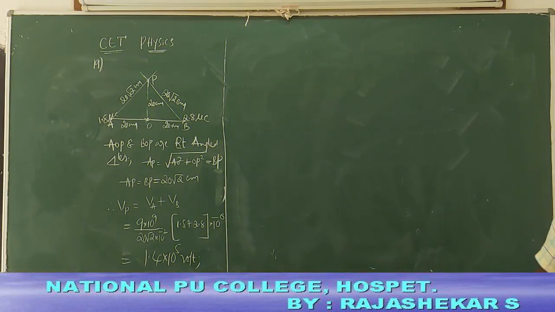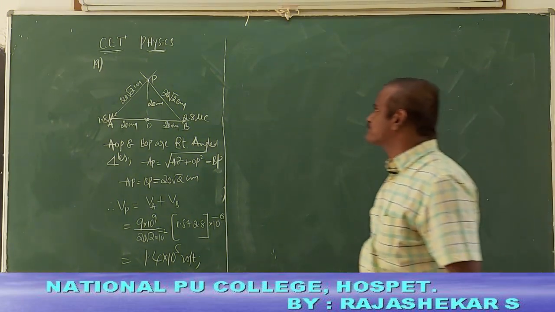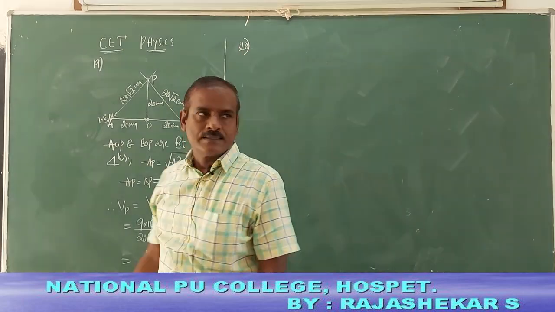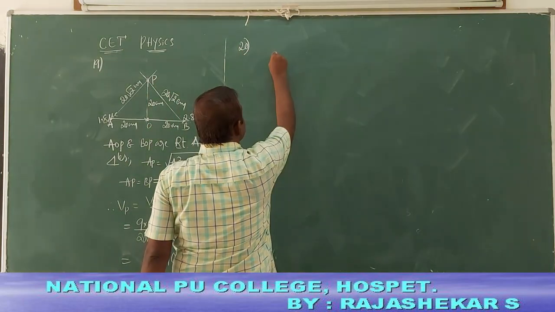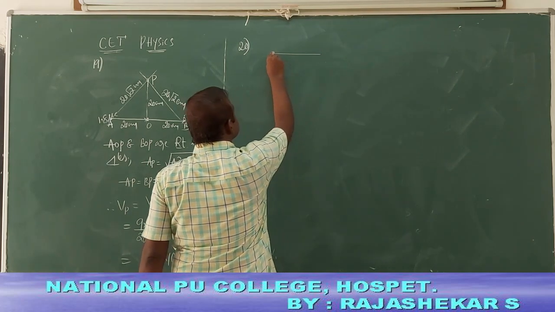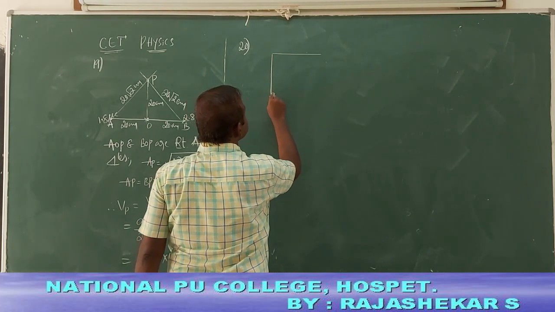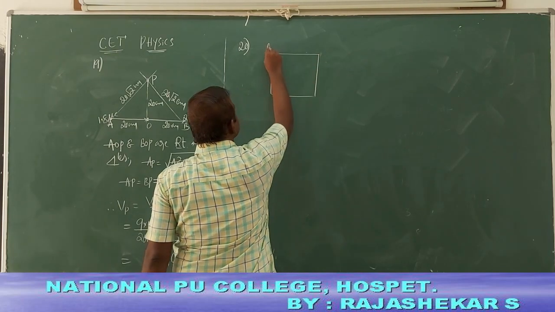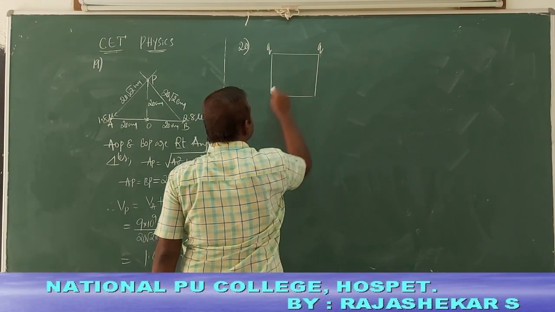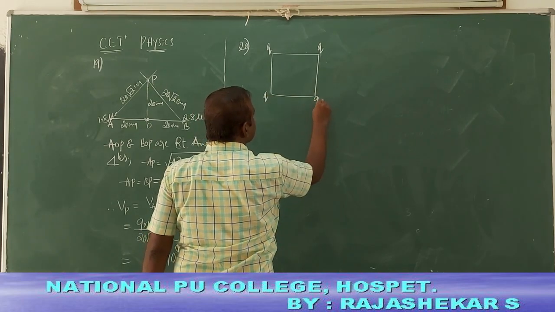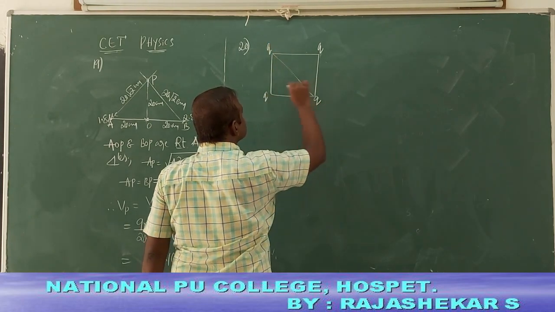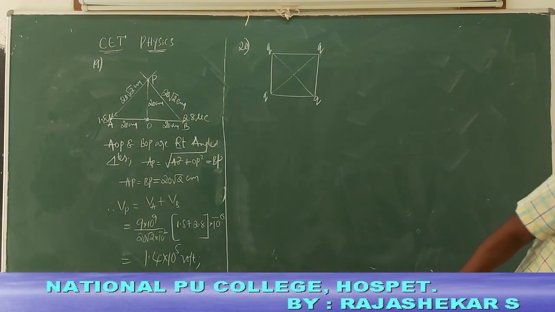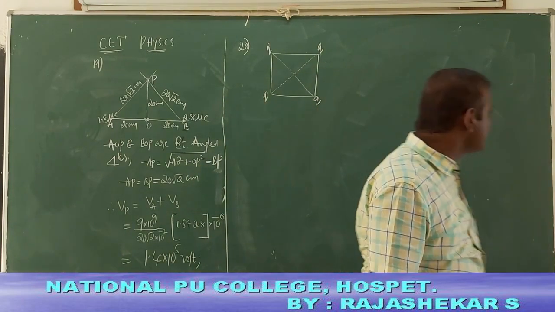Next, if you refer question number 20. Four charges at the four corners of a square of side A are given.